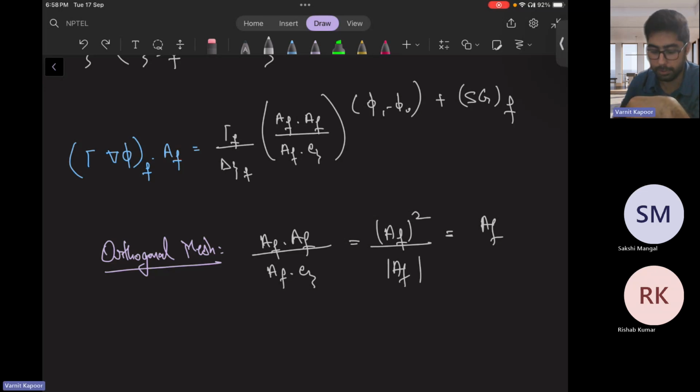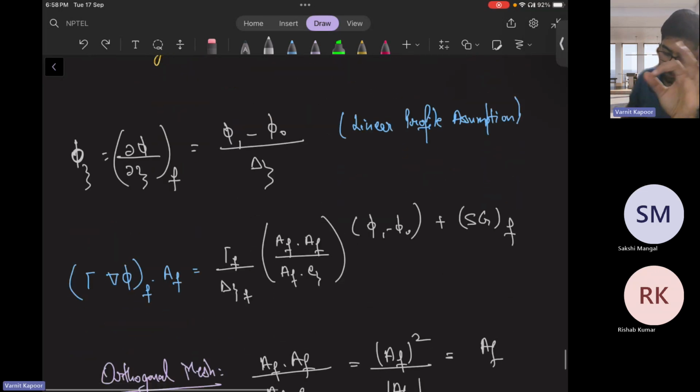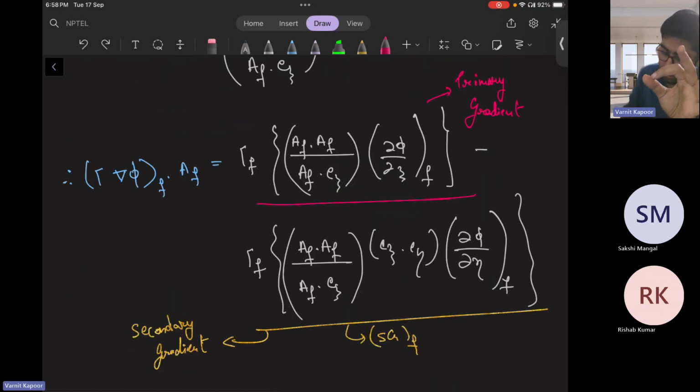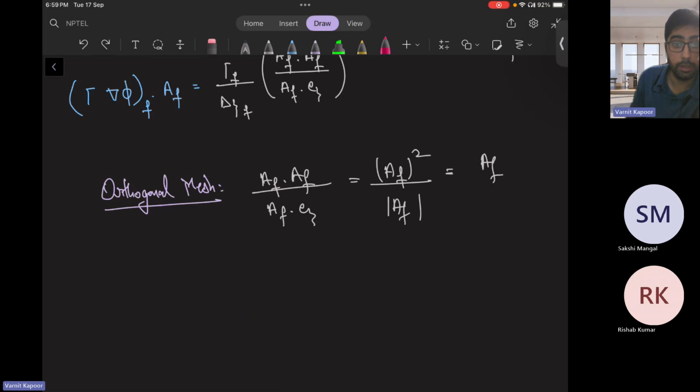For the orthogonal mesh, the primary gradient coefficient will revert back to the correct expression, and the secondary gradient will become 0. Because if they are orthogonal, then zeta and eta will be at 90 degrees, so this will become 0. So you will have only the primary gradient, which we have like this.